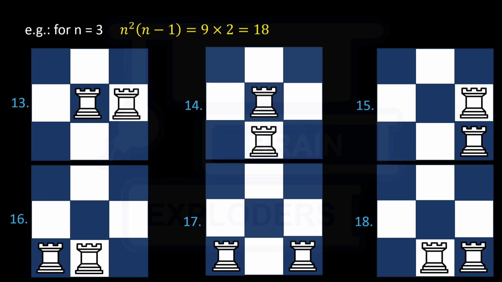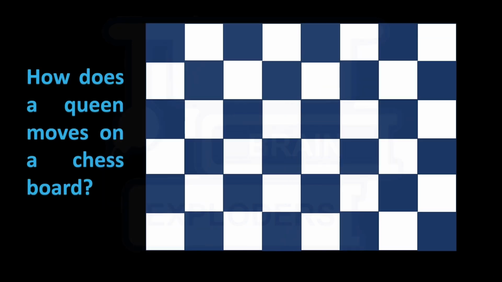Okay. Now let's move to our next piece, the queen. Again, let us learn how a queen moves on a chessboard. Actually, the queen is the most powerful piece on the chessboard, not the most important, the most powerful, and its moves are just the combination of rook and bishop.